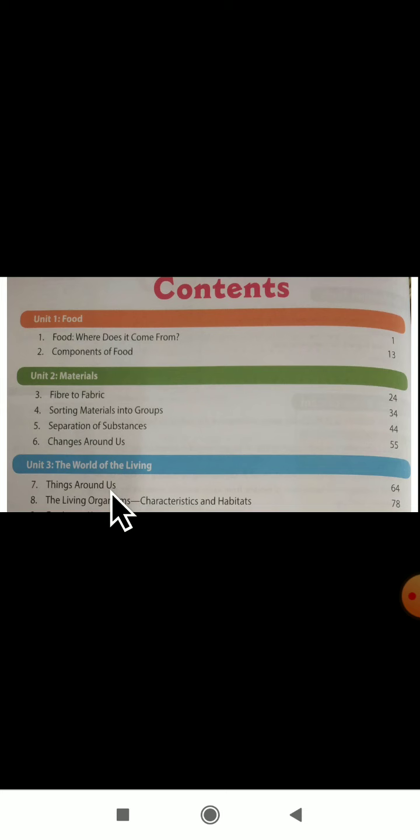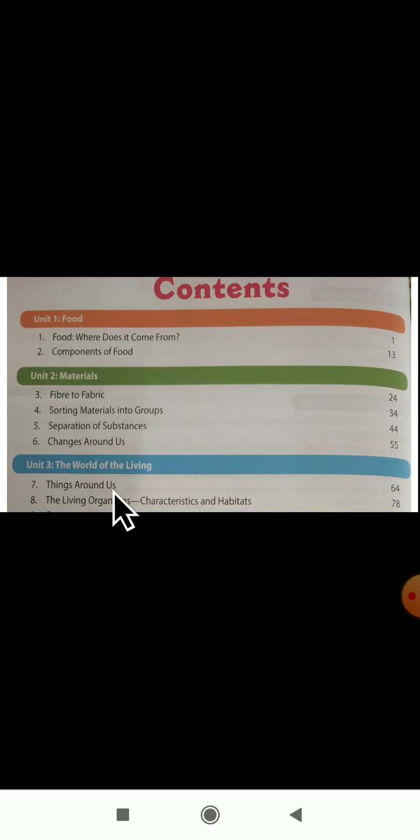Next, in unit 3 we will study the things around us. Dear students, in our surroundings we see many things, which may be living things or non-living things. In this lesson we will study the characteristics of living things. An example of a living thing is a human being.